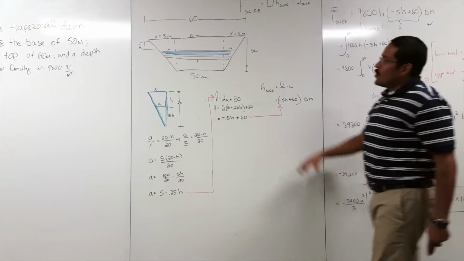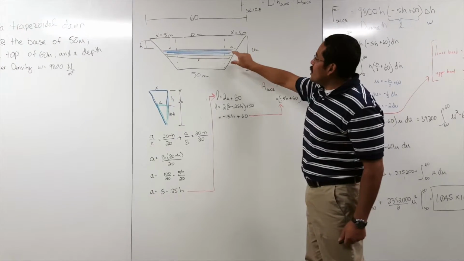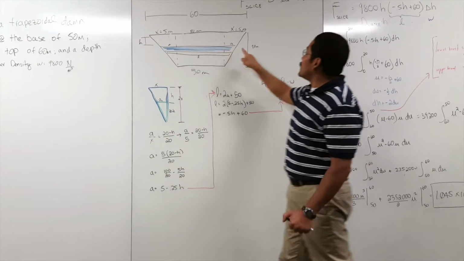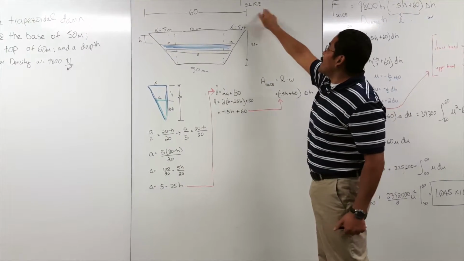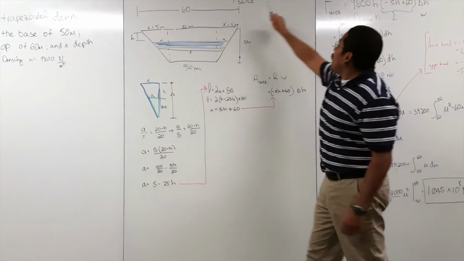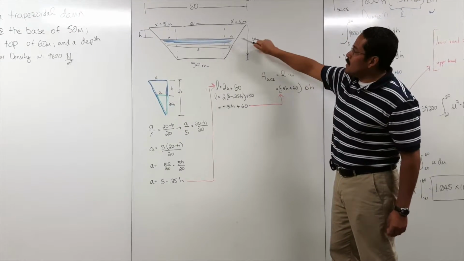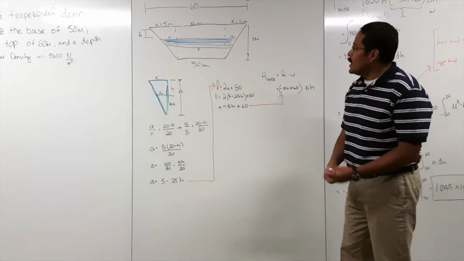Okay, so having drawn the trapezoid, what we're looking for is the force of each slice using this formula. The force for the slice is the density of water times the height, which is right here, times the area of the slice, which is a rectangle, so it's length times width.